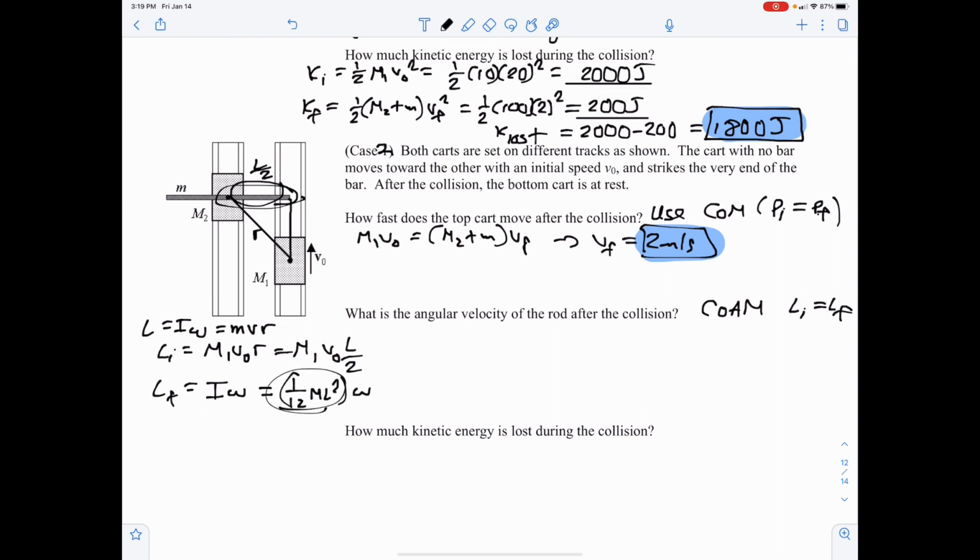That would be the rotational inertia of a rod rotating about its middle. Okay, we're going to set those two equal to each other.